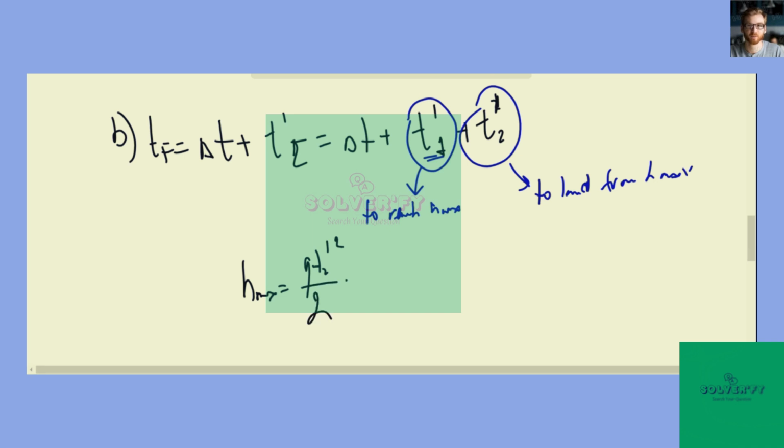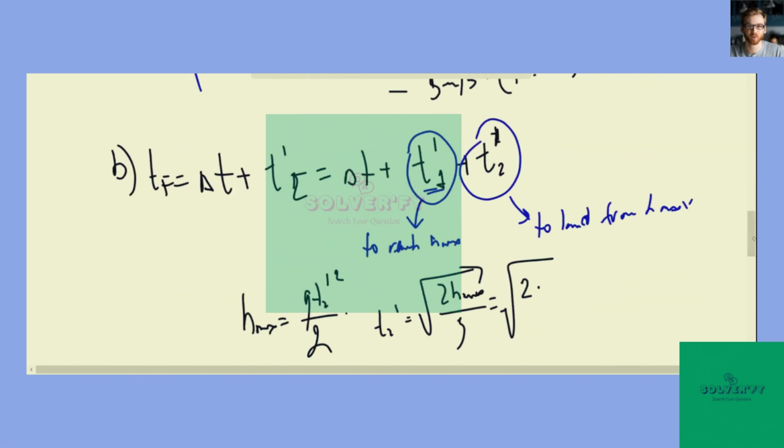Therefore t2 prime equals the square root of 2 times H maximum divided by 10 meters per second squared. Now let's calculate this number. It equals 14.9 seconds.